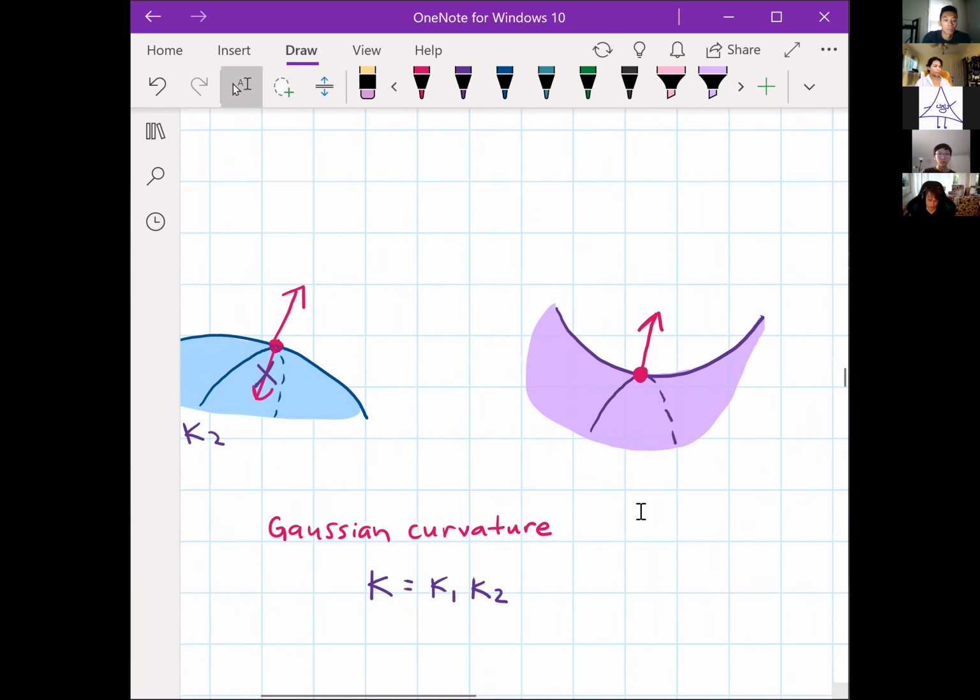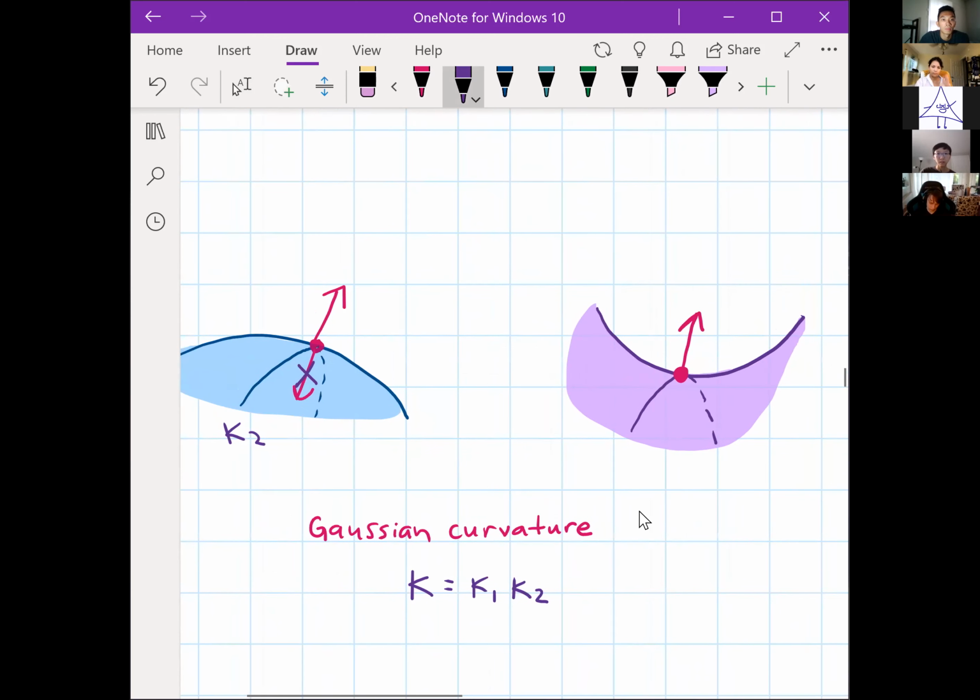Similarly, if we had these two being the min and max curves, then we do it like that.